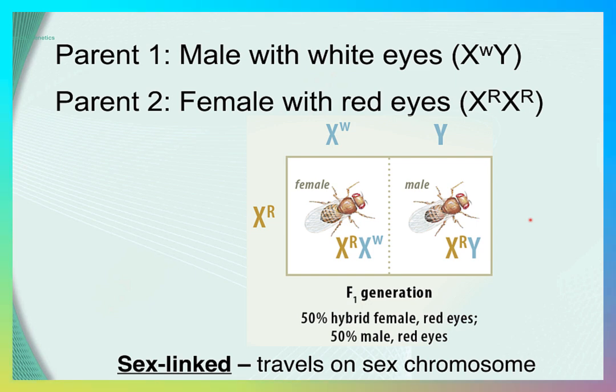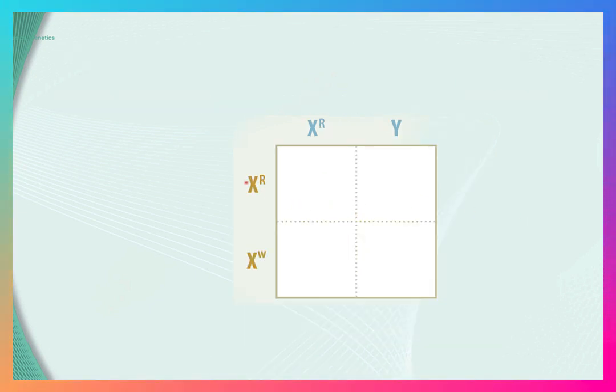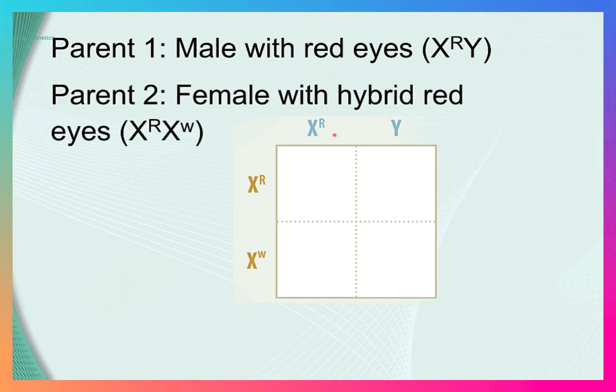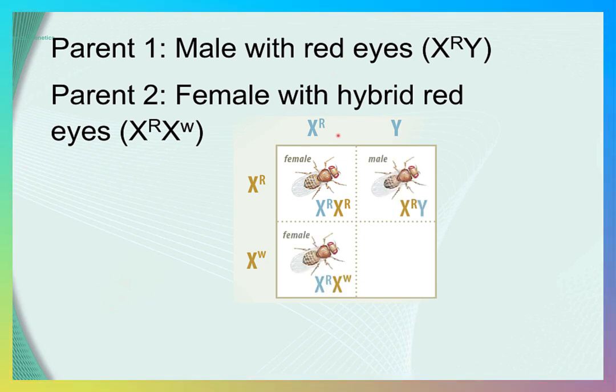So, as I said, sex-linked means that the trait travels on the sex chromosome and is expressed with the sex of the organism. So here we have a hybrid red-eyed female crossed with a red-eyed male, and you end up with a homozygous red-eyed female, a red-eyed male, a heterozygous red-eyed female, and a white-eyed male.